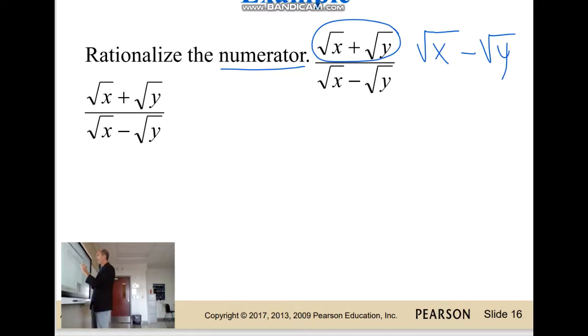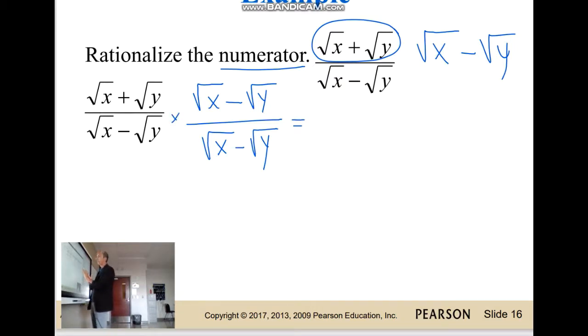So multiply. On top, multiply by square root of x minus square root of y. On the bottom, the same thing. So we have a fraction that's equivalent to 1. See, we're multiplying by 1. We're not changing anything. But when we multiply, we are able to simplify.